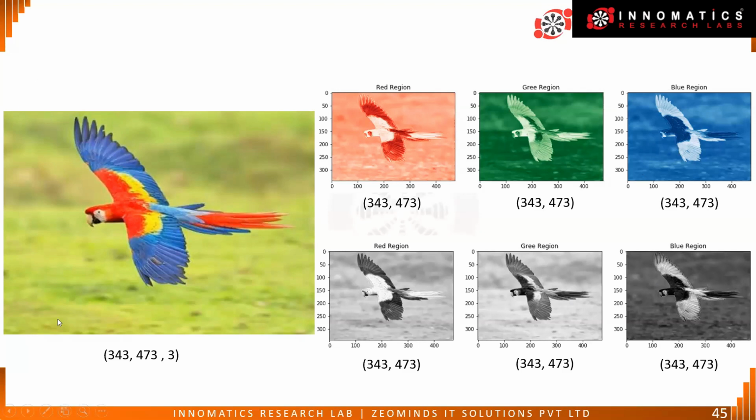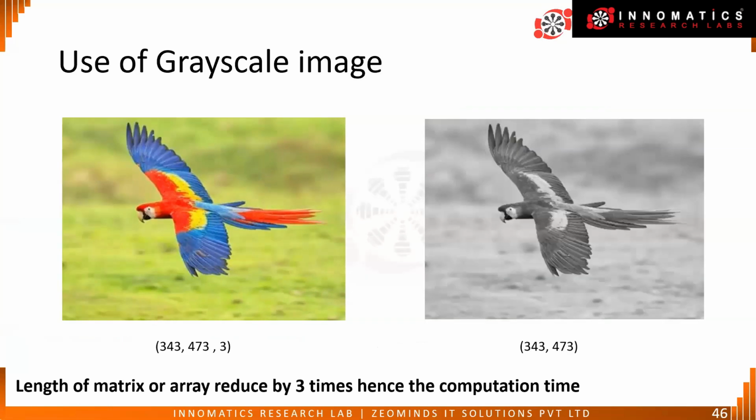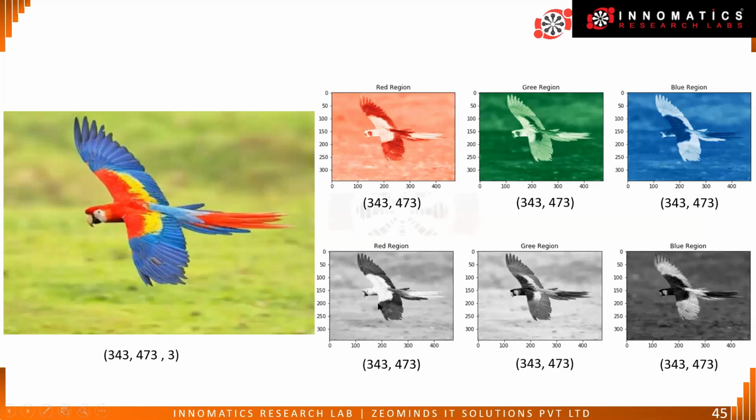If I consider color images, I have to evaluate so many matrices. Instead of evaluating so many matrices, I'll try to convert that into grayscale. Grayscale is a two-dimensional array. It's a matrix addition, not combining or merging, please.